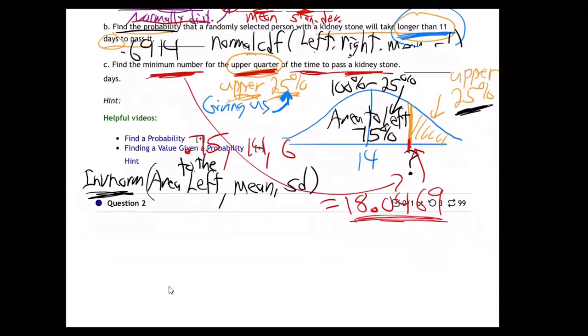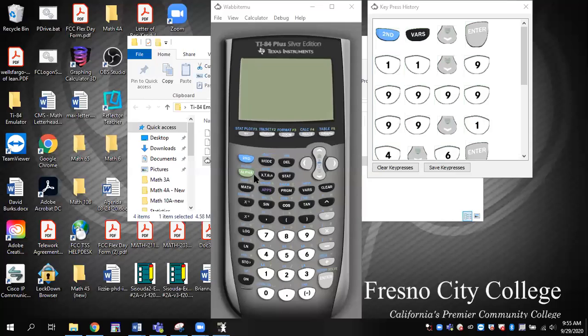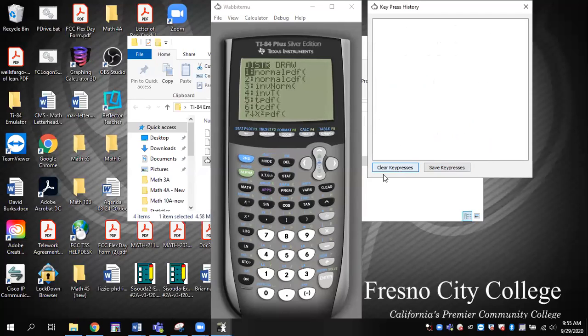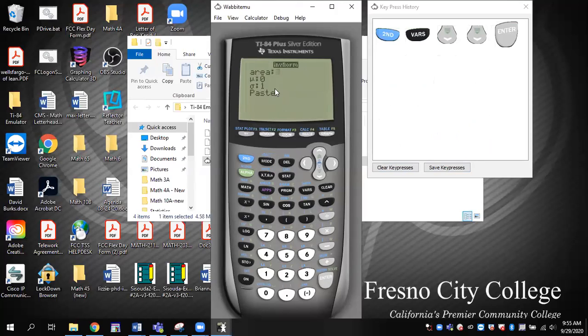So let me show you what it looks like with the newer calculator now. Going to share my screen again. I'm going to turn it on and clear this. Okay, so you go to second vars again, go into the menu, go down twice to inverse norm, hit enter. It says area, mu.